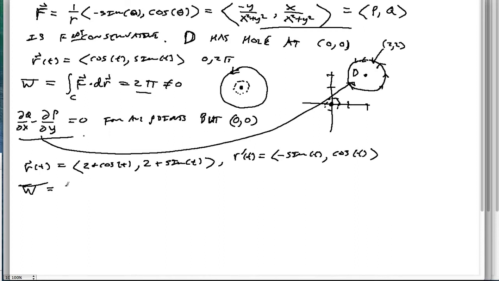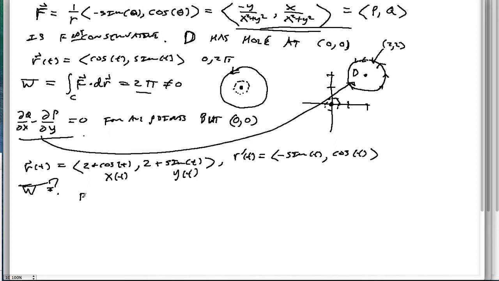So I want to do this work integral. So we have to evaluate f on that place. So what we have to do is actually plug in. That's the x of t value here, and that's the y of t value there. And we have to plug it into all these places up here.